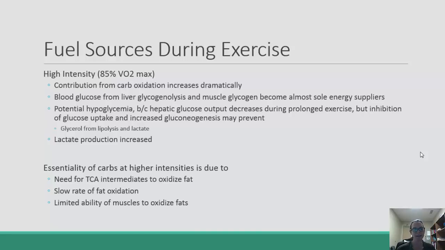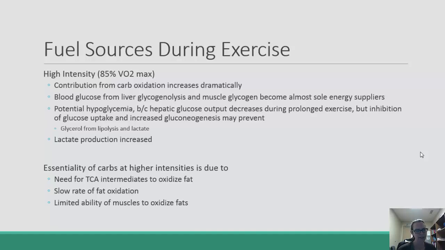Now, the essentiality of carbs compared to fats at higher intensities is due to the need for TCA cycle intermediates in order to oxidize fat. This is not a new concept for you guys. You know that in order to oxidize fat, we do need TCA cycle intermediates.